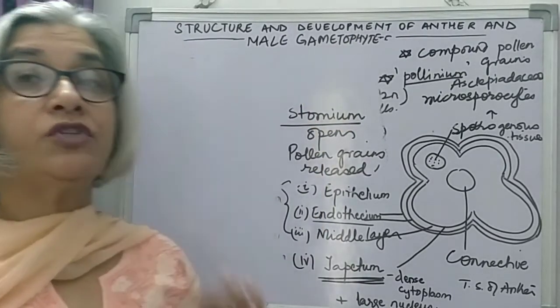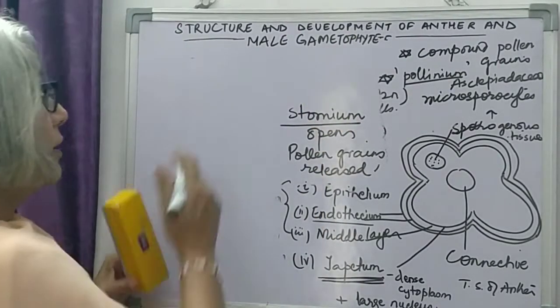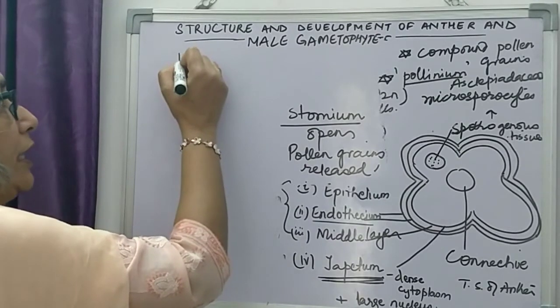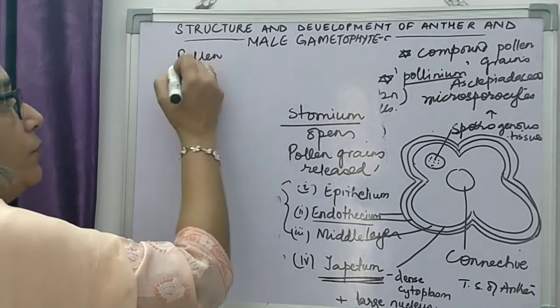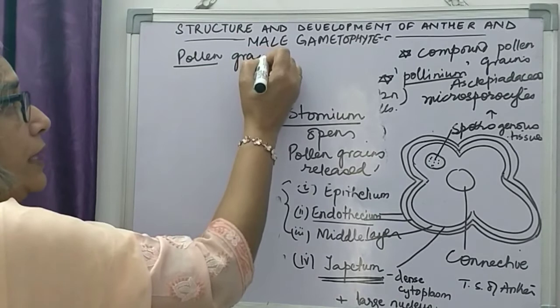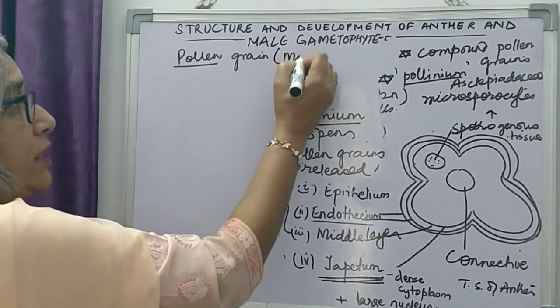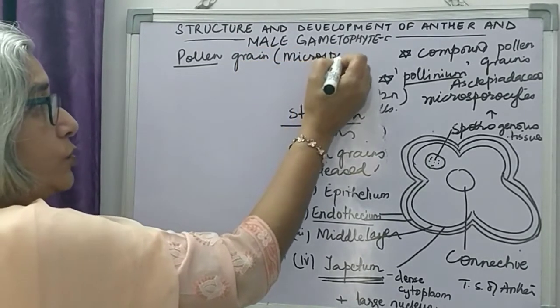Now we come to the structure of the pollen grain. Now each pollen grain, as I told you, is the male gametophyte. It is also called the microspore.